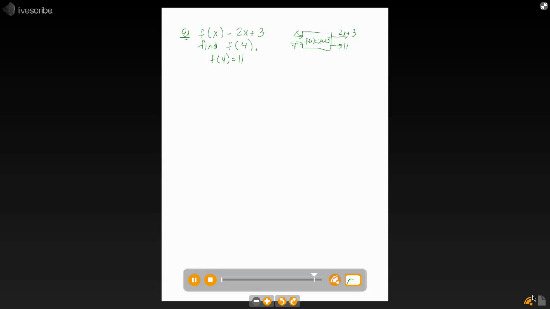Another way of thinking of it in terms of XY charts, y and f of x mean the same thing. If I plug in 4, what comes out? What's y? 11. So f of 4 is 11. We call it f of 4 because that was my input value. Does that make sense? Okay, let's try another one.